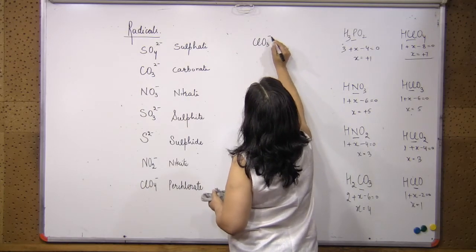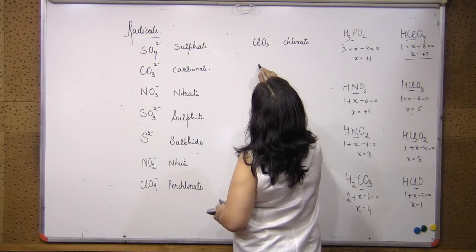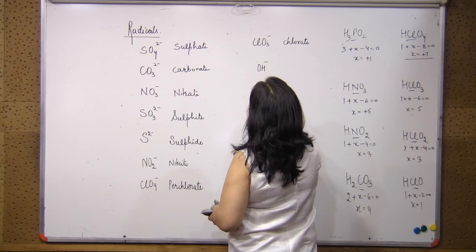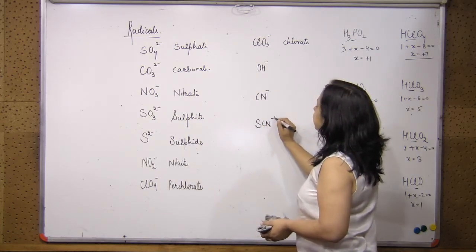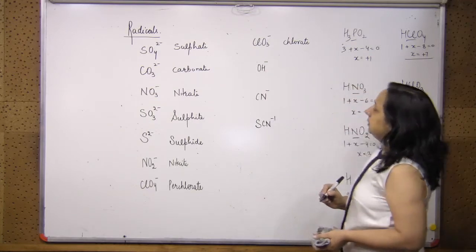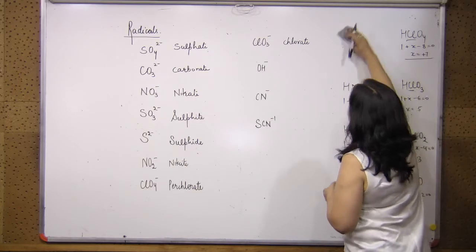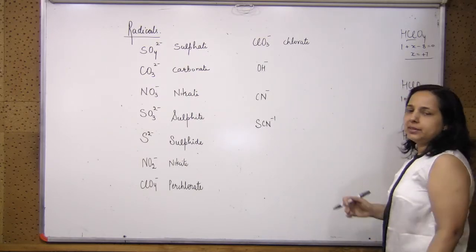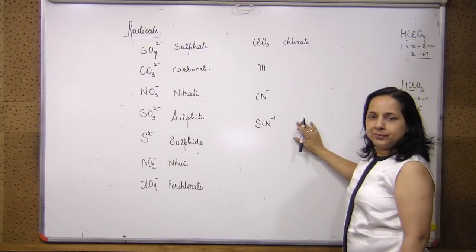OH 1 negative is hydroxide, you know very well. CN negative is cyanide. SCN 1 negative is thiocyanide. These are important ions, must be known to us whenever we want to find the oxidation number. Hydroxide, cyanide and thiocyanide. Right?